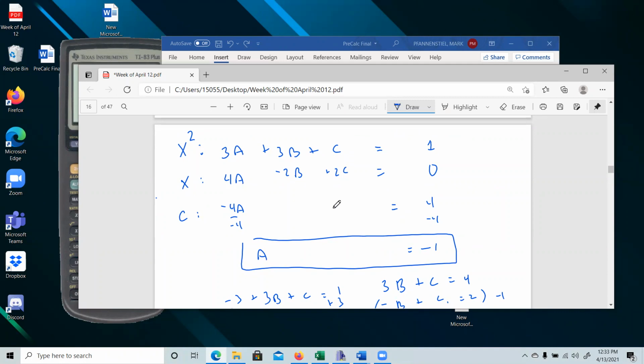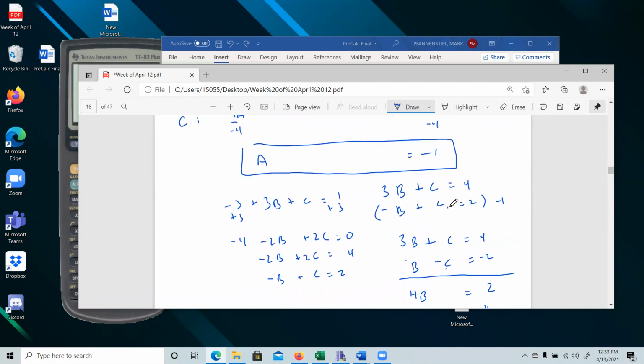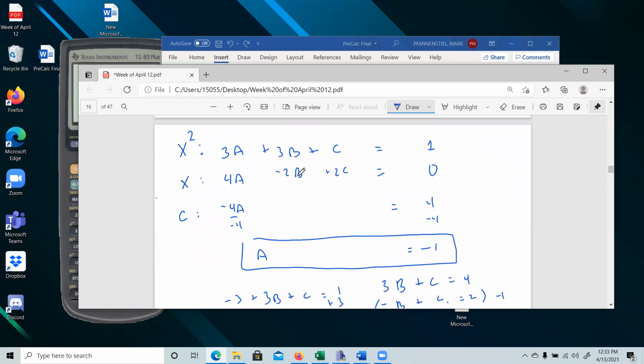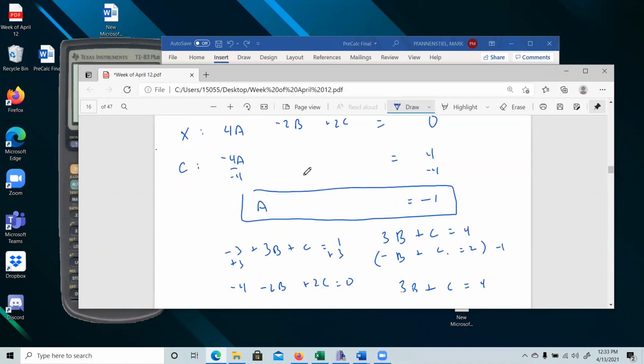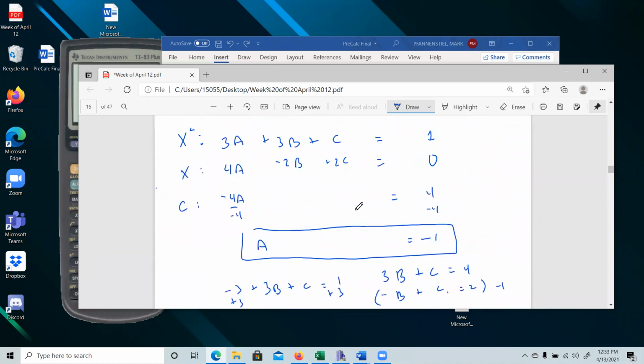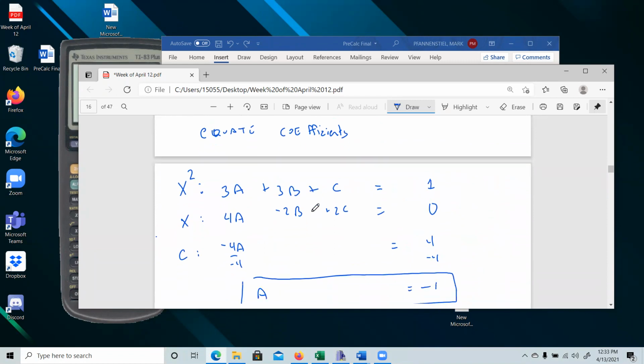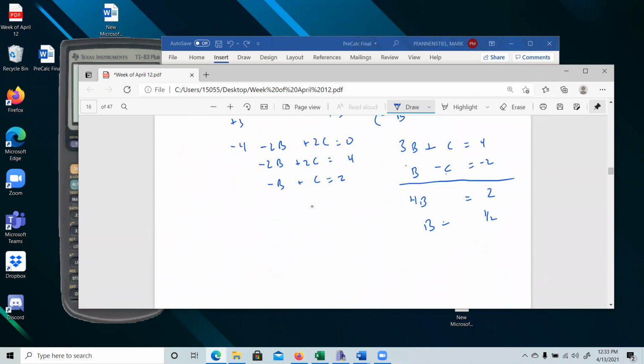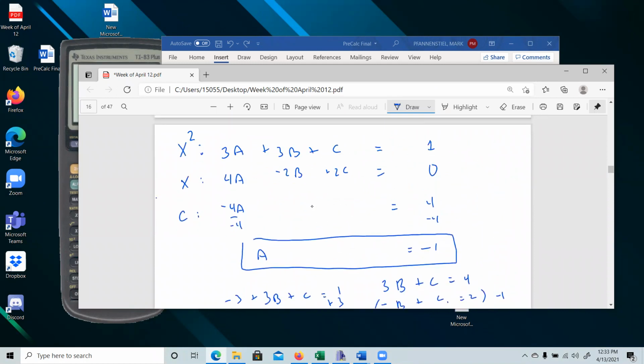I'm going to use the middle one because since I know b is a half, I'm going to multiply it by an even number. You can use one of these two down here that we did. We'll say 4a minus 2b plus 2c is equal to 0. Make sure I got that right.